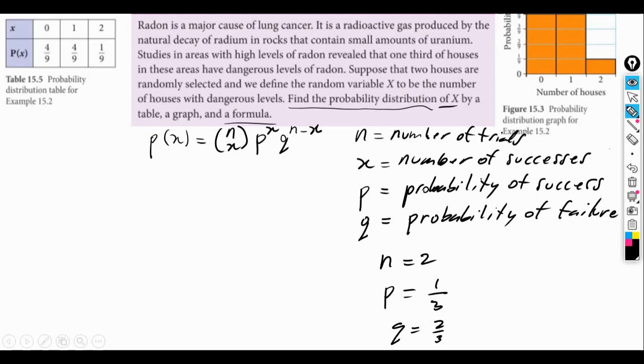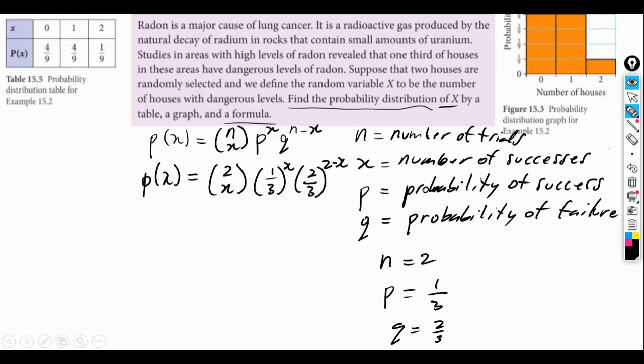So our formula would then be P of x is equal to the combination of 2 and x, times 1/3 to the x times 2/3 to the n, or 2 in this case, minus x.